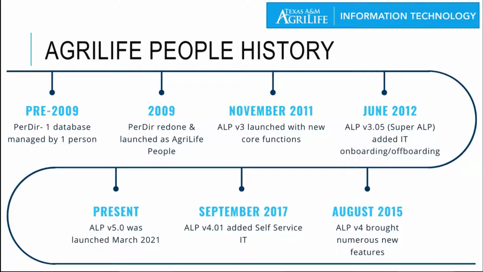Contact lists were expanded, which makes me very happy because I use them all the time. September 2017 was version 4.01, and that was the big key change. Our Wizard software team added the self-service IT system in this version.